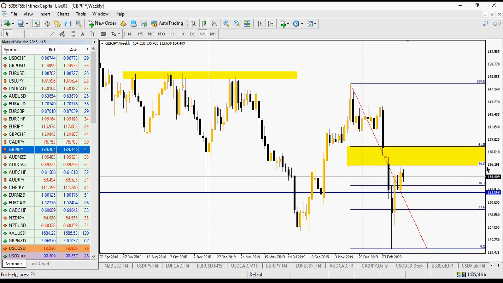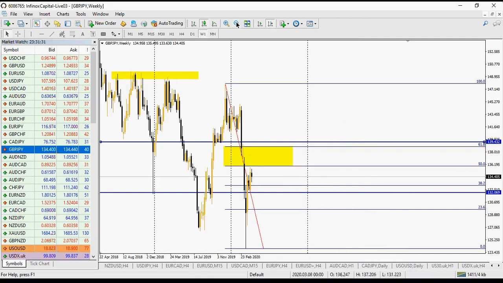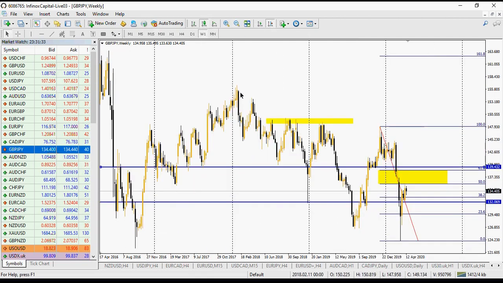Is there any area of significance around this golden zone that you think might make the market want to tank? Okay, I have an area of support resistance around this place. You can see this area. There's an area of support around here.